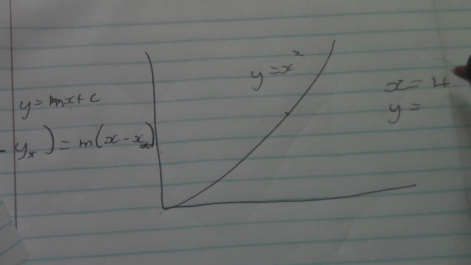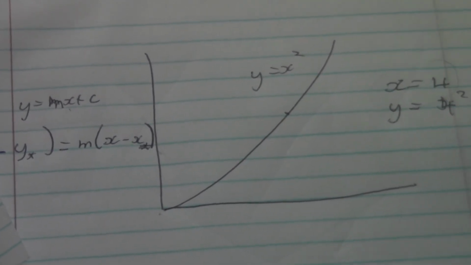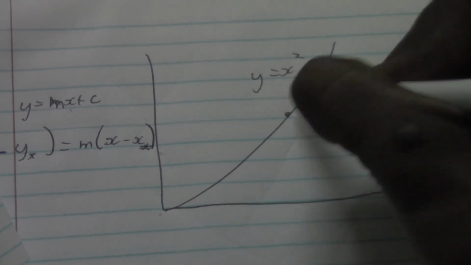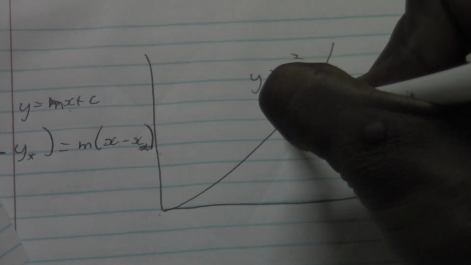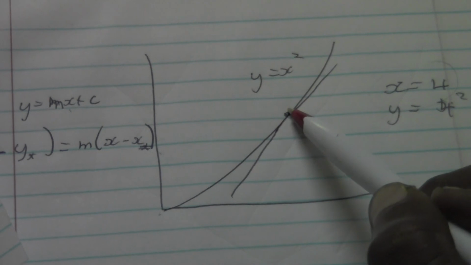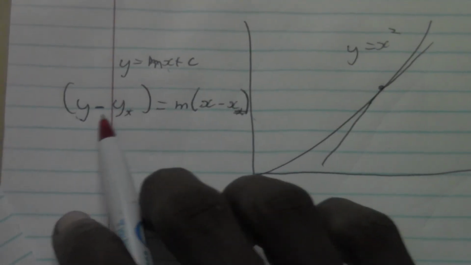So y is equal to x squared, which is 4 squared. So the y is equal to 16. Alright? So you're going to find the equation of a tangent line that passes through 4.